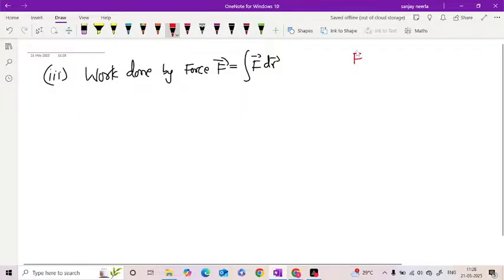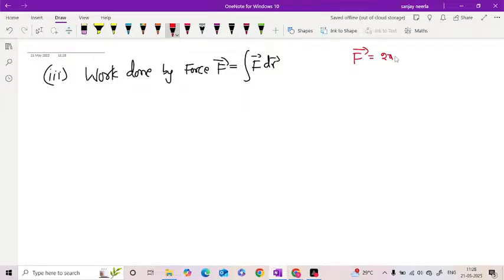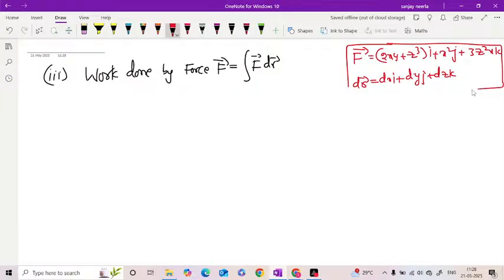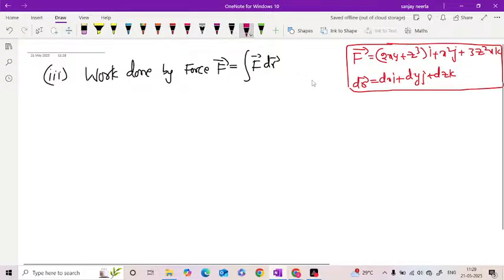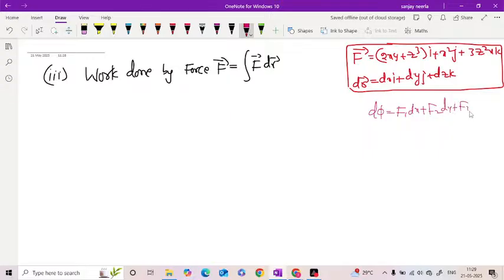F is equal to 2xy plus z cube i plus x square j plus 3z square x into k, and dr we know is dx i plus dy j plus dz k, and already we know that d phi is equal to f1 dx plus f2 dy plus f3 dz.